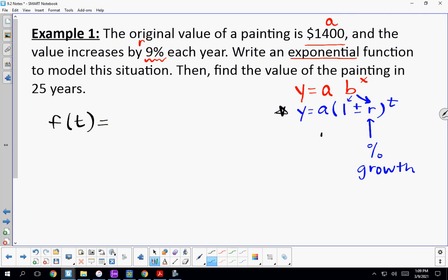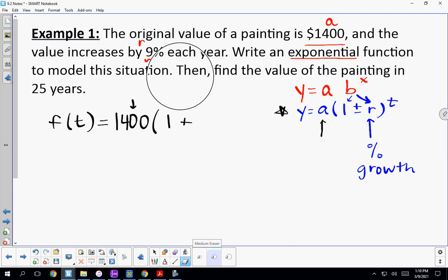It's always going to be whatever our initial value is. So 1,400 times 1. Remember, that represents that we're going to use 100% of this amount we started with. And then in this case, we're going to increase that by 9%. And 9% needs to be written as a decimal.